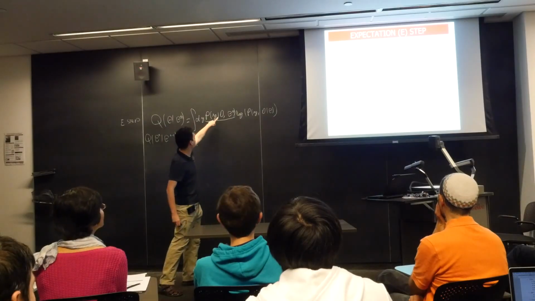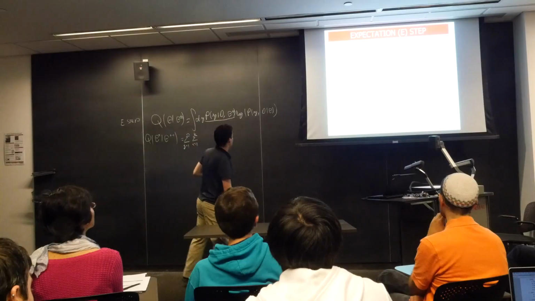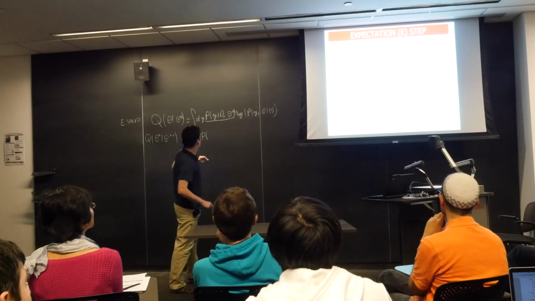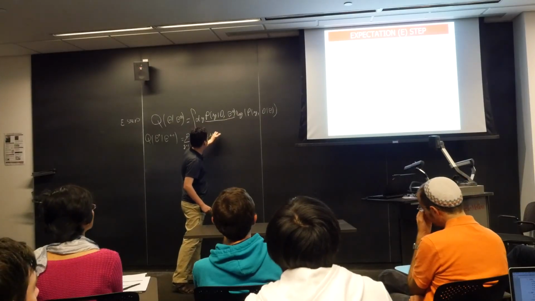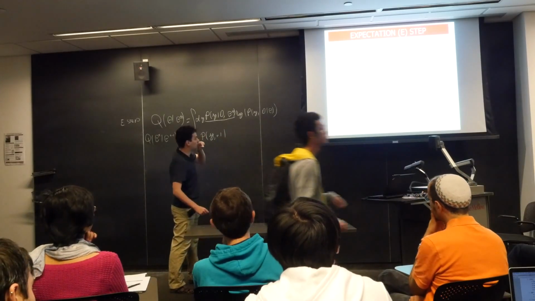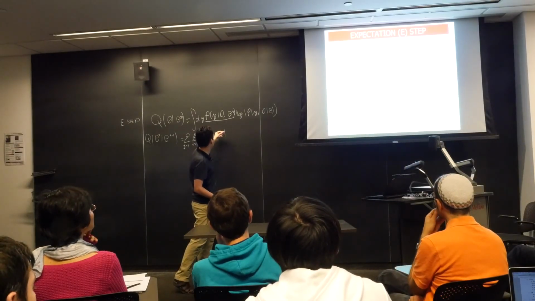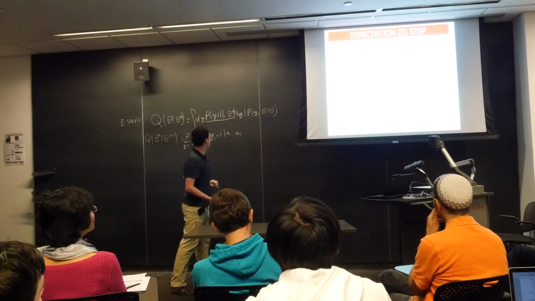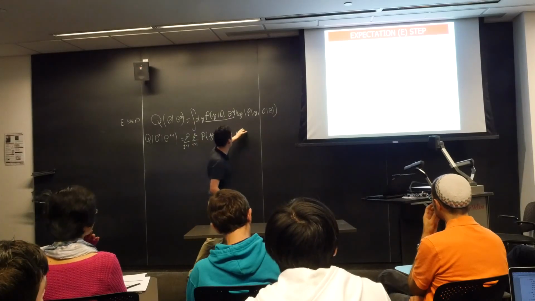So p of y given the data and parameters theta t minus 1 is just, I can write that this probability that the class label of instance j is, say, i, given the data, which is x1, xn, and given the parameters theta t minus 1.